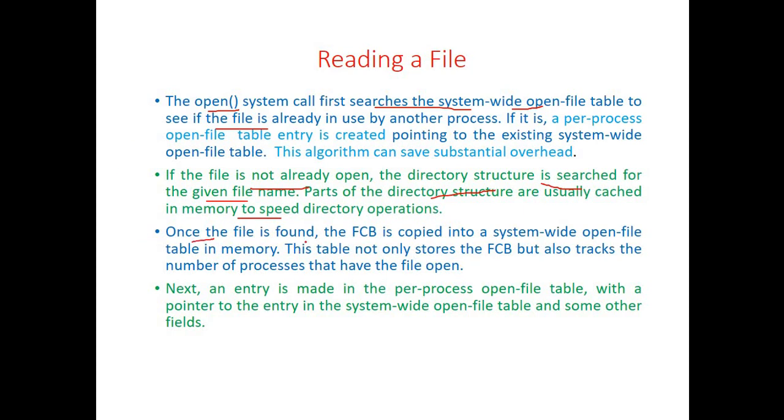Suppose the file is found, the FCB is copied into the system-wide open file table in memory. This table not only stores the FCB but also tracks the number of processes that have the file open. Next, an entry is made in the per-process open file table with a pointer to the entry in the system-wide open file table and some other fields.